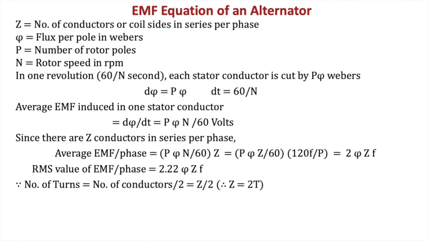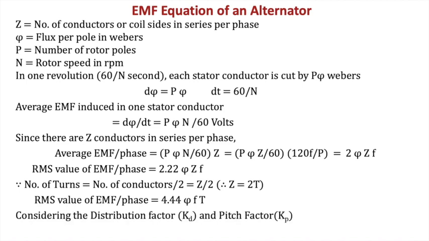Substituting it in the number of turns, we get the RMS value of EMF per phase equal to 4.44 phi f T. Considering the distribution factor and the pitch factor, because both are less than 1, the RMS value of the EMF per phase becomes 4.44 Kd Kp phi f T, where T is the total number of turns.